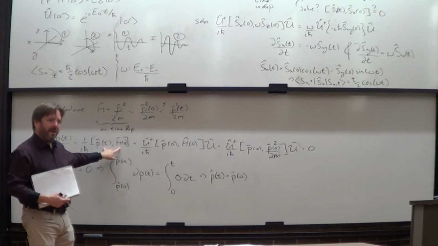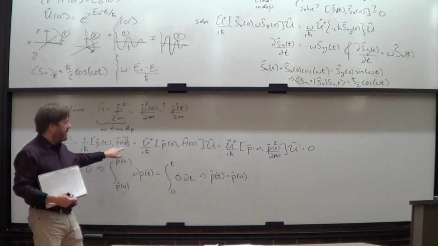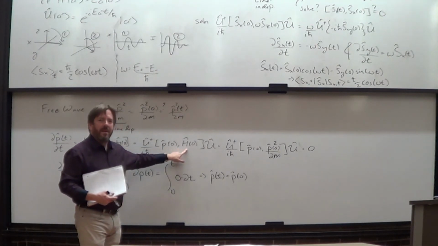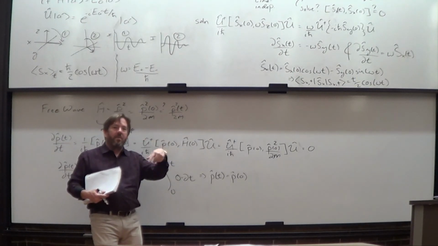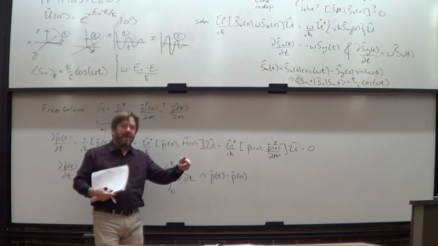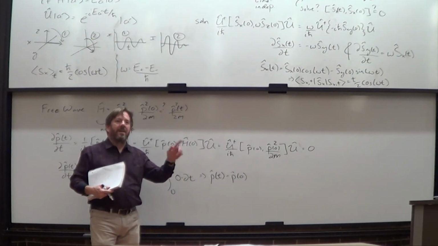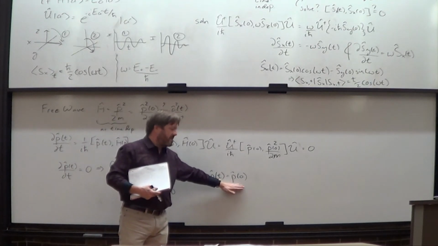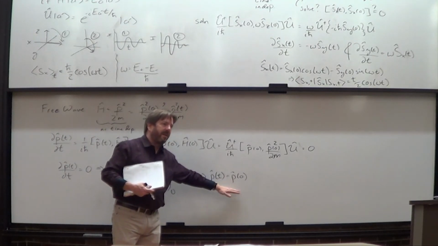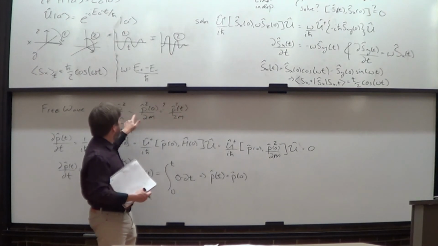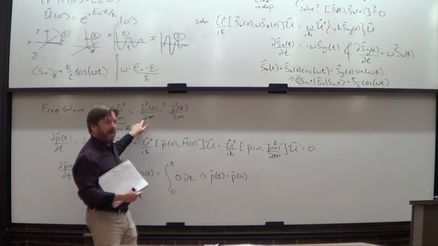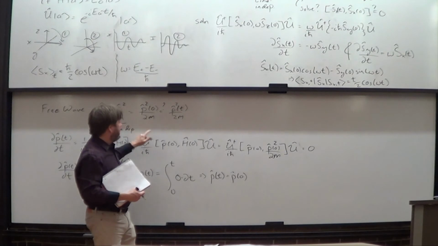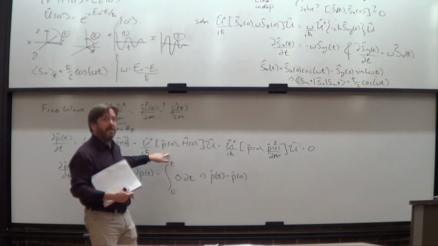So I guess that is 0. But then if I do this, it's P of 0, P of t. Round and round and round. I'm confusing myself right now. Again, I just want to point out, if momentum is evolving in time, should I have done this? Because I'm telling you, if I don't do this, then this is impossible, like I cannot solve it. And that seems like a problem.